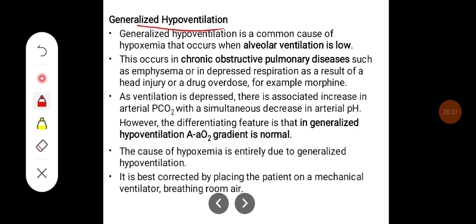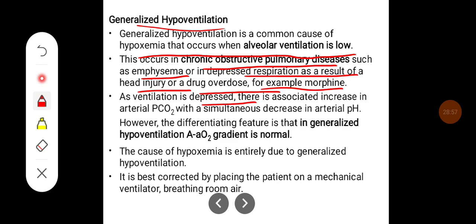Generalized hypoventilation is the common cause of hypoxemia that occurs when alveolar ventilation is low. This occurs in chronic obstructive pulmonary disease such as emphysema, or in depressed respiration as a result of head injury or drug overdose, for example morphine. As ventilation is depressed, there is an associated increase in the arterial PCO2 with a simultaneous decrease in arterial pH.